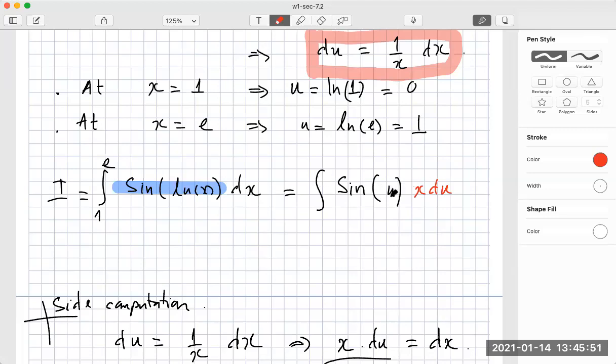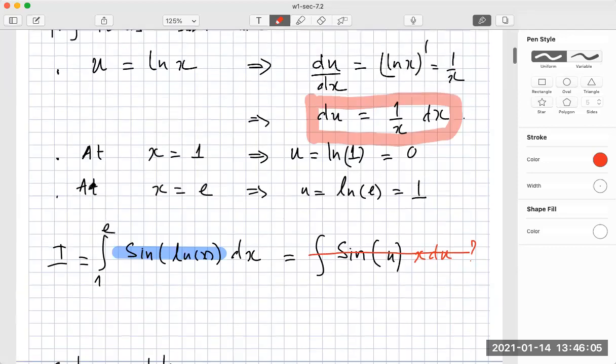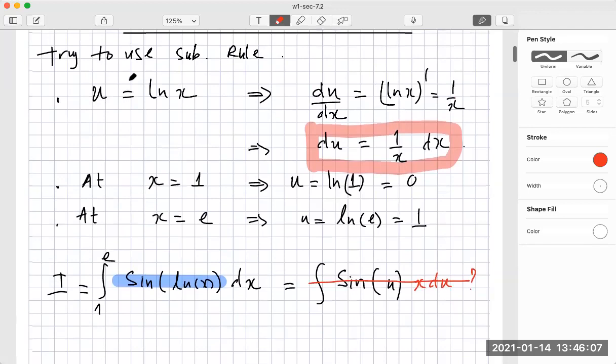So how can we write everything in terms of u? We need to find the relation between u and x, right? But what do we know about this?